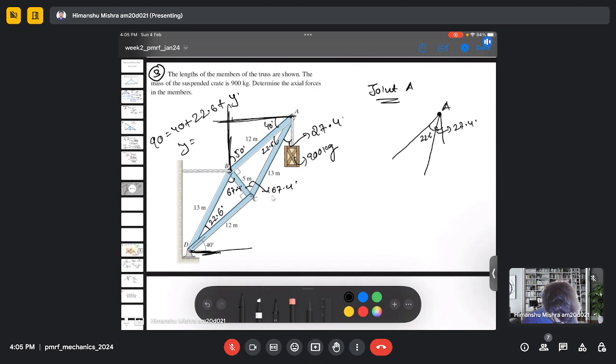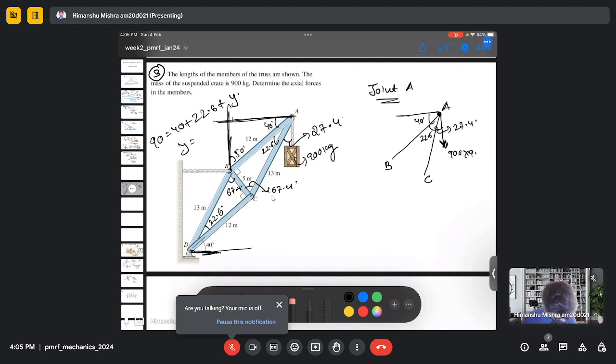This is 22.6. This is 40. And this is B. This is C. And this is the weight, which is 900 multiplied by 9.81 Newton. So let's do the force balance analysis.